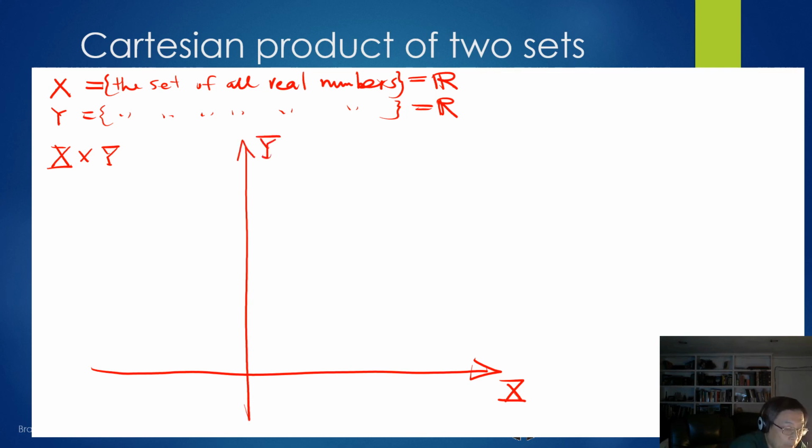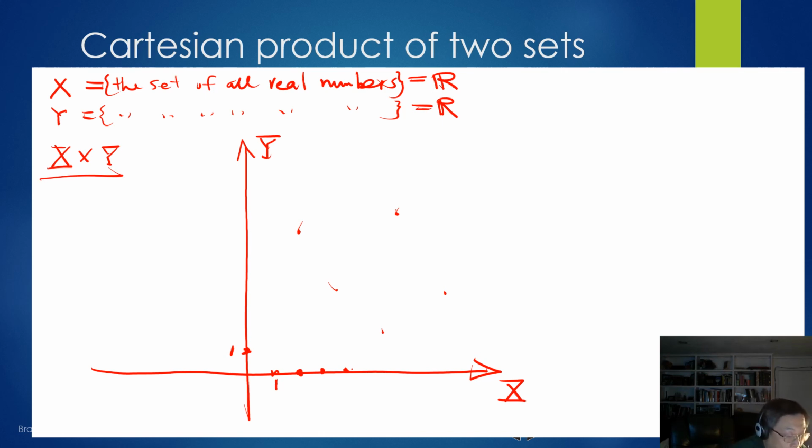Every point on the x-axis represents an element in x, because x represents all the real numbers. For example, 1 is an element of x, and this 1 is also an element of y because it's on the y-axis. Now every point in the 2-dimensional space represents an element in the Cartesian product of x and y.